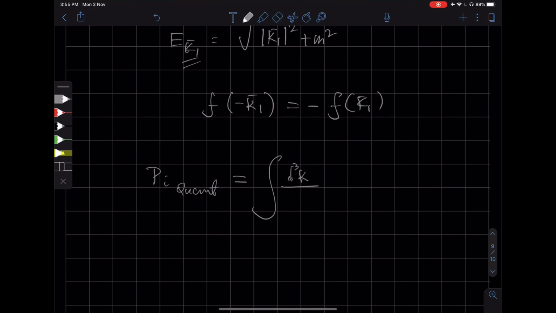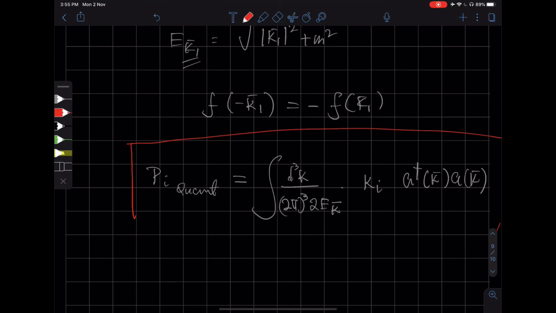Now I'm writing out the measure explicitly, 2 pi cubed 2 of e of k times the eigenvalue k i and the number operator of momentum k. So this is the quantum expression for the conserved momentum.